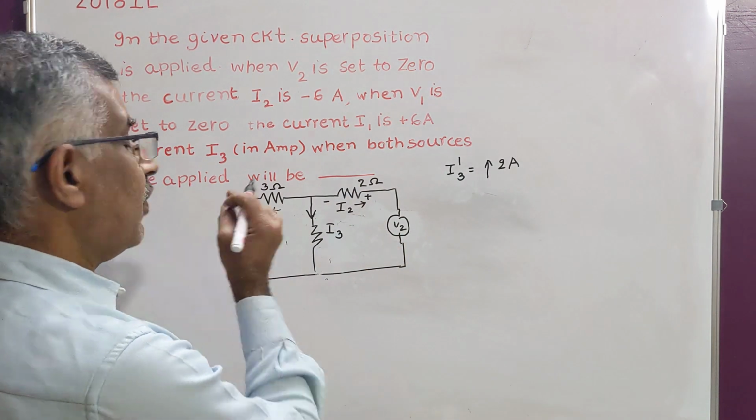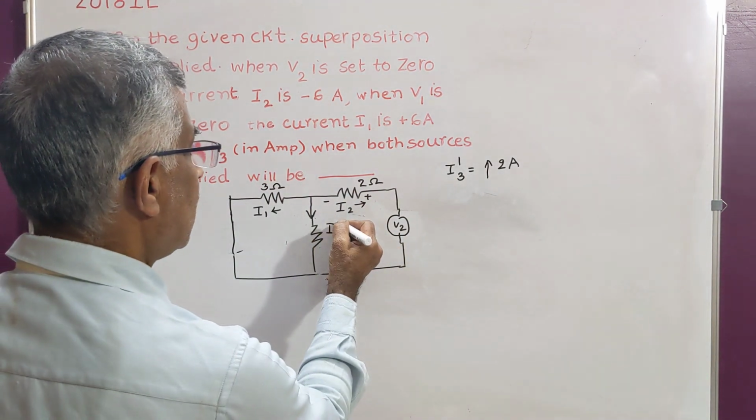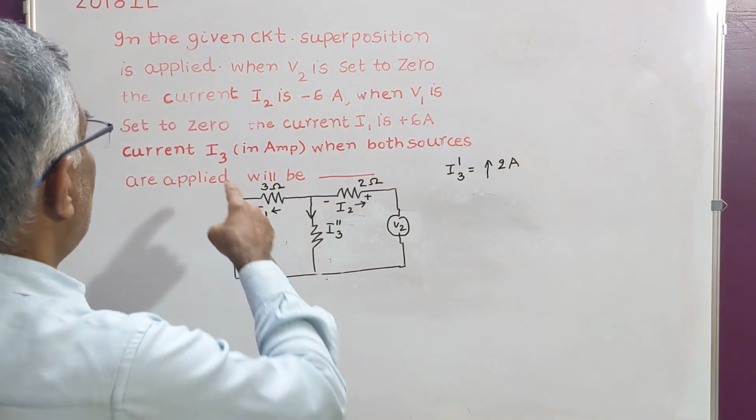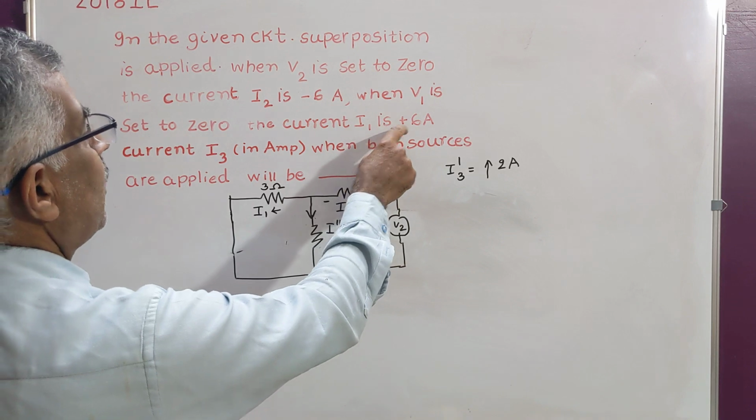V2 is connected, V1 is shorted. Now I will call this current I3 double dash. Now the current I1 is plus 6 amperes.